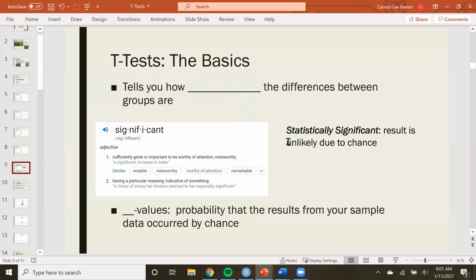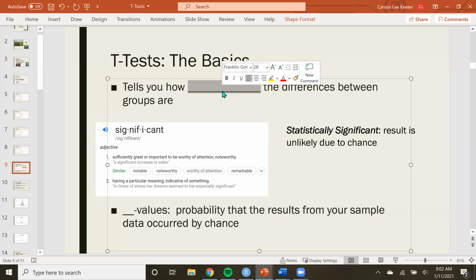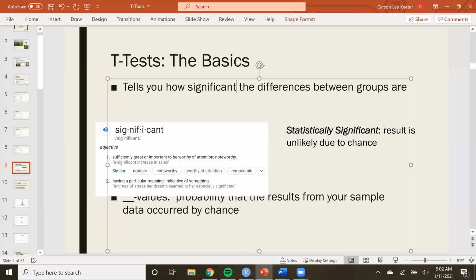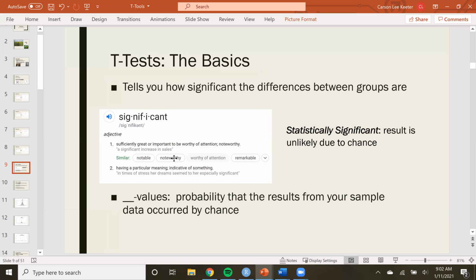Okay, so we are getting into the world of language here as far as English and statistics go, okay? So when we say something is significant, what do we mean? Okay, well, in English, I've got kind of the definition here. Let me move that up. Got the definition there.